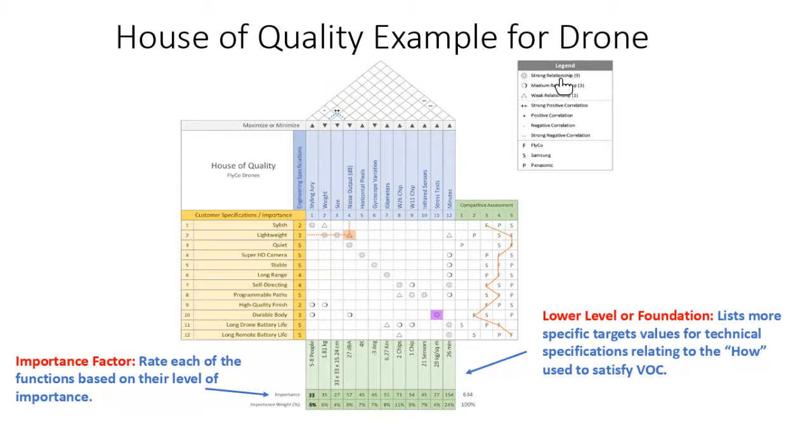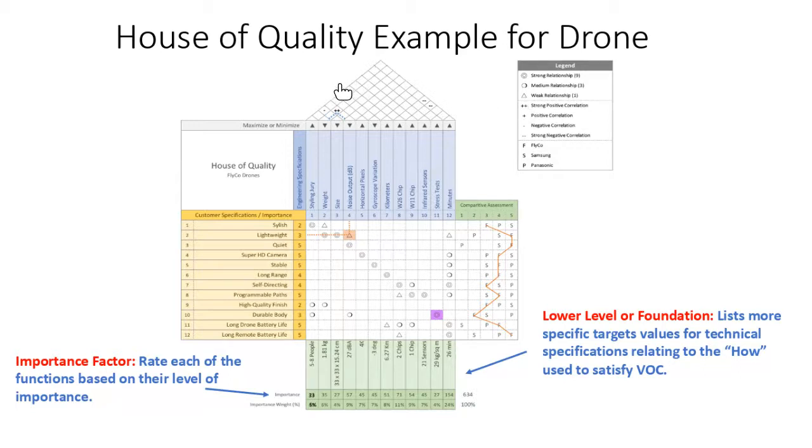Double circle is the strong relation with a weight of 9. If you don't have a symbol for one of those features and a technical requirement, that means there is no relation, so you don't have to worry about it. If there is one, then you have to identify whether it is weak, medium or strong. Some people add no relation, and you put that as a 0, as a fourth correlation criterion.